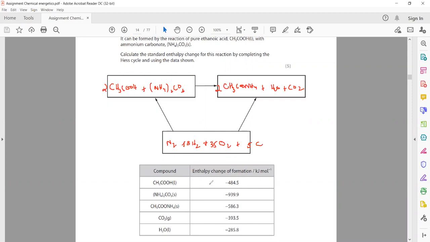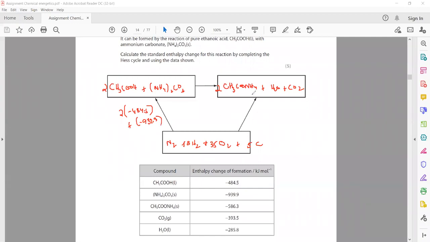Then in terms of energy, because all the formations are given, two molecules of ethanoic acid are formed. So this should be 2 multiplied by minus 484.5. Then one molecule of ammonium carbonate is produced, so it should be plus, because the overall energy of this will be minus 939.9.